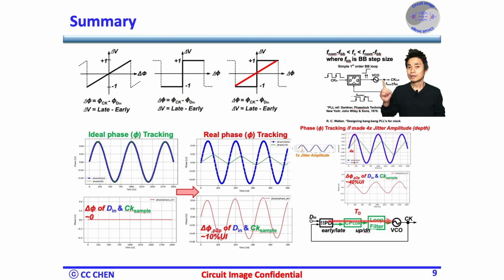For example, first, we could end up with a smaller bang-bang step size than what we thought in the circuit implementation over process, voltage, and temperature. Then we could evaluate what the impact on the phase error could be.